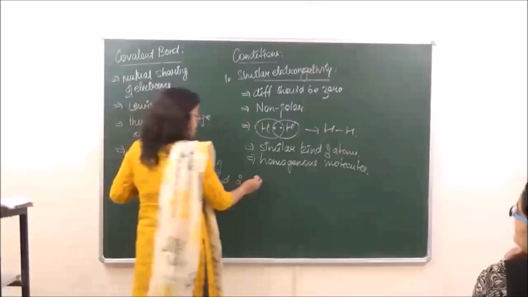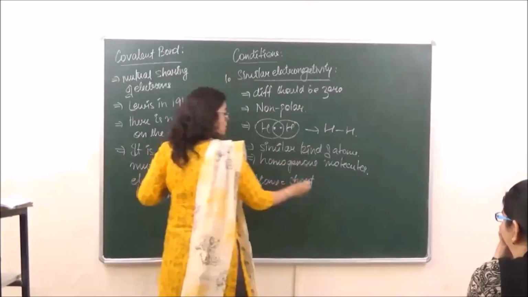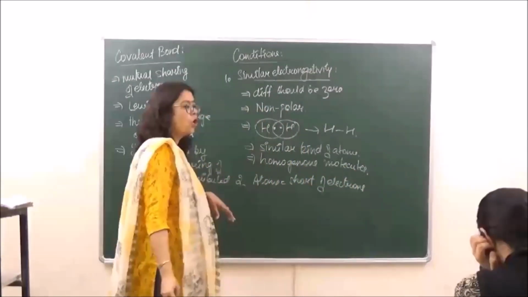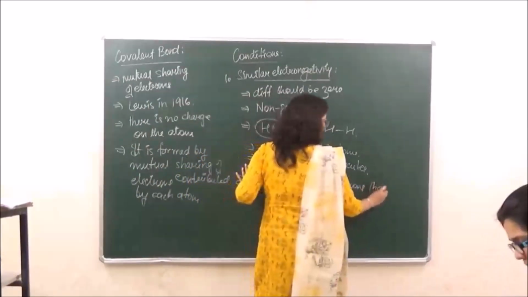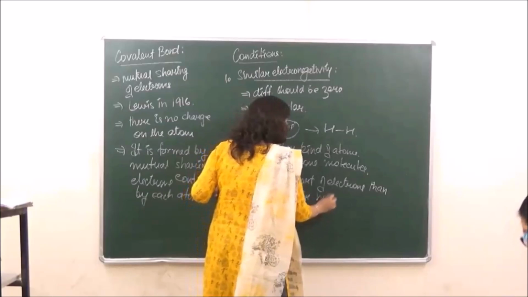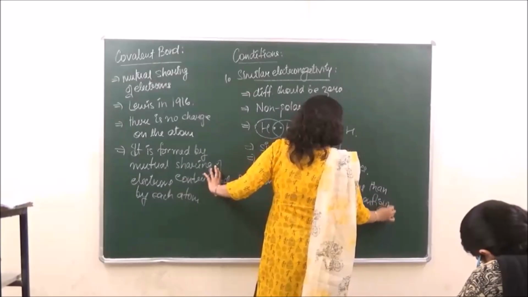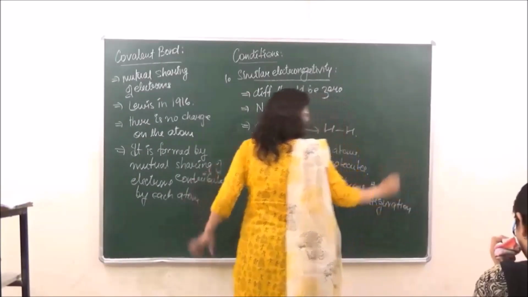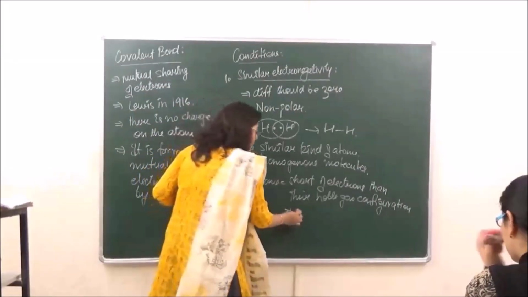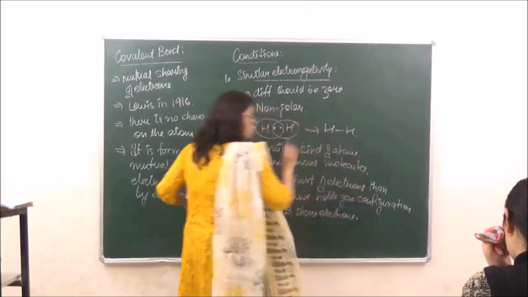Now if there are atoms which are short of electrons than their noble gas configuration, then they try to share the electrons with other atoms to form a bond.